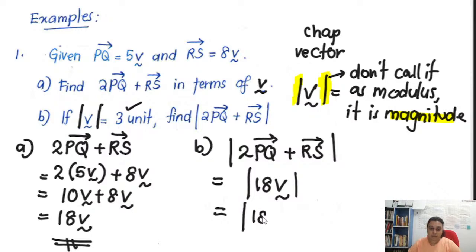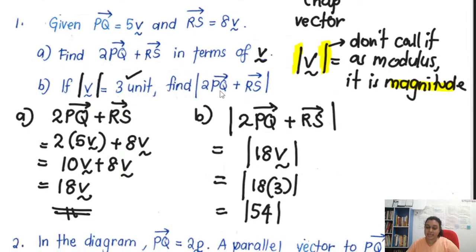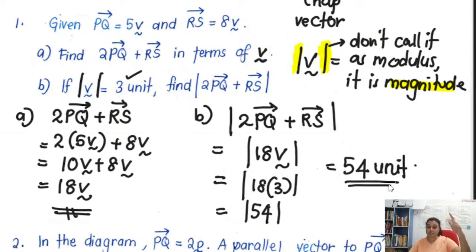So you times 18 times 3, which is 54, isn't it? 54 is a positive number? Yes. So you don't need to change anything lah. So 54 units. You must write unit. Kena tulis unit because that is magnitude. So you must write the word unit.